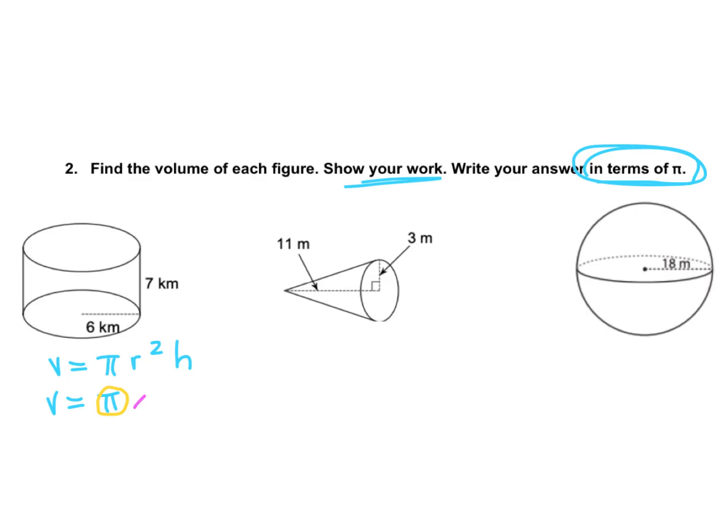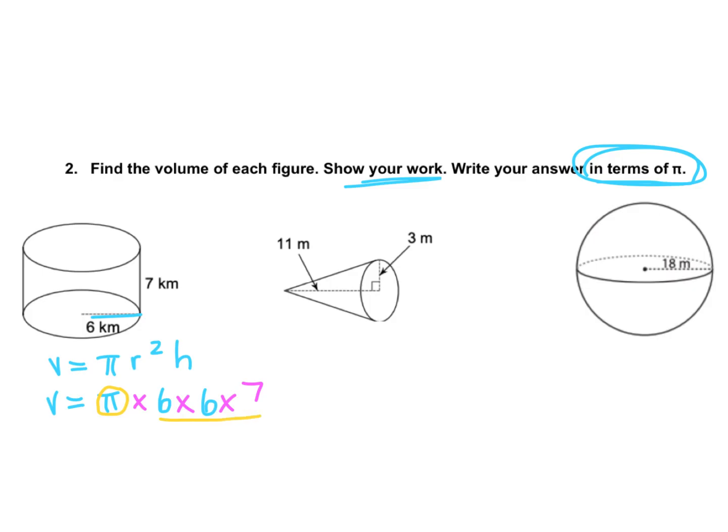Now, times the radius twice. The radius is halfway across the bottom of the circle. Our radius is 6, but we need 2 of those, so 6 times 6. And the height of our cylinder is 7. Now I just do all of those calculations: 6 times 6 times 7.